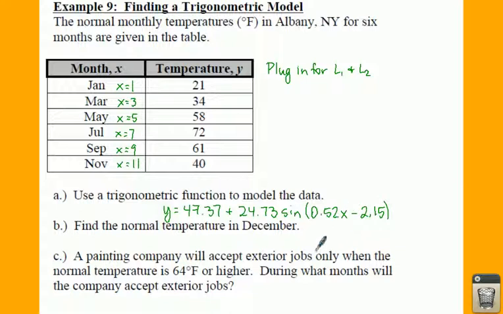So in the context of this problem, let's think about what our graph is. Our graph is shifted from our normal 0 up 47.37, and what this amplitude means is from this median temperature, you're going to go up an average of 24.73, and you're going to go down an average of 24.73. That's your amplitude. So we need to find the normal temperature in December. All we really need to do is graph this equation.